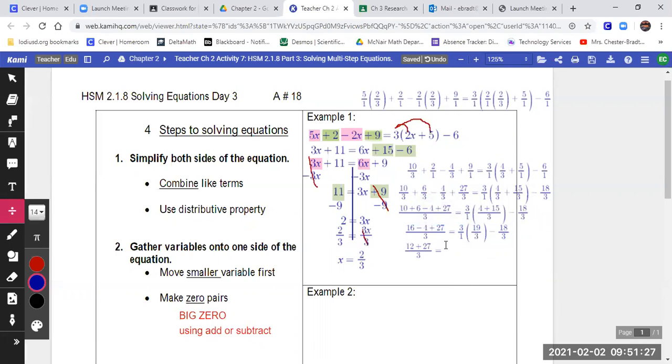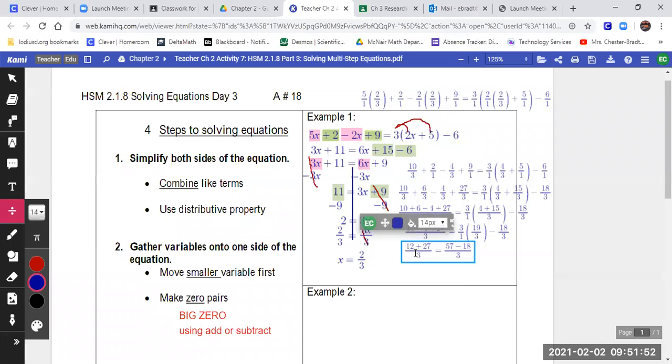So I need the 19 times 3. What is 19 times 3? Use your calculator. It's okay. 57 over 3. And I see that I'm subtracting an 18 over 3.